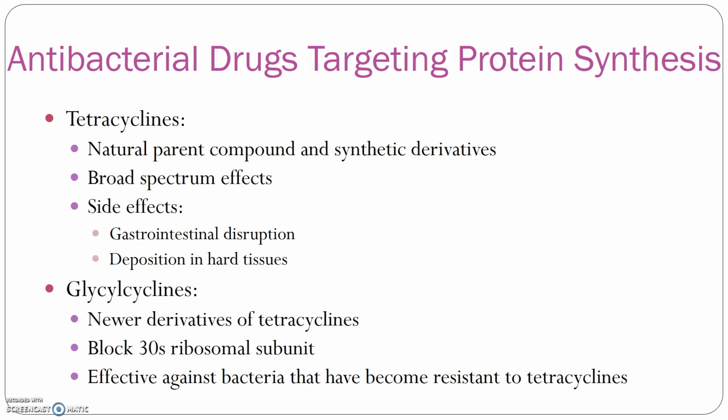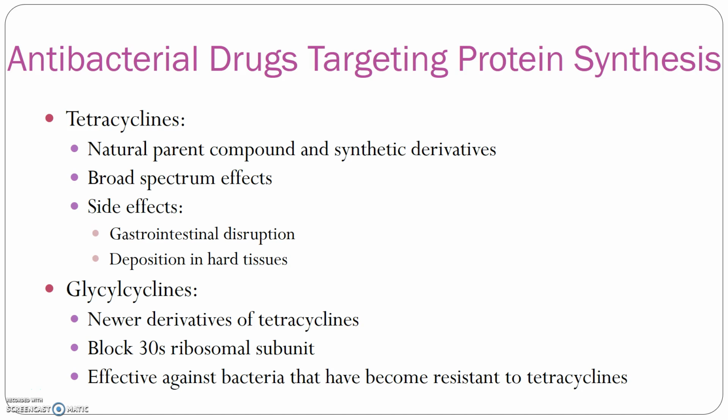Okay. Another type are the tetracyclines and the newer derivatives called the glycyclines. So the tetracyclines are a natural parent compound, but there's also synthetic derivatives. If you remember that chart that we showed before, it's got the most broad spectrum of all of the antibacterial drugs out there.